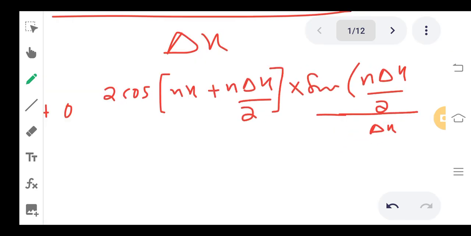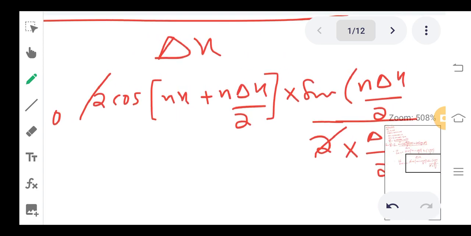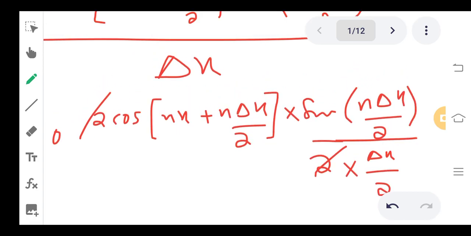So if we write here the 2 and multiply here the 2, then this 2 and this 2 will cancel. In the angle you can see that this whole term n is in the division, but here there is no n.